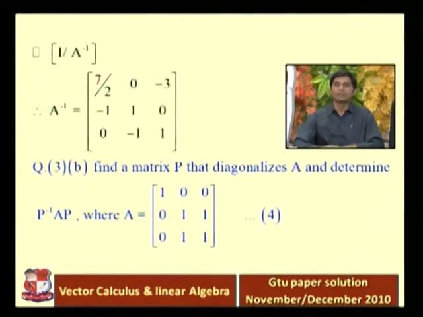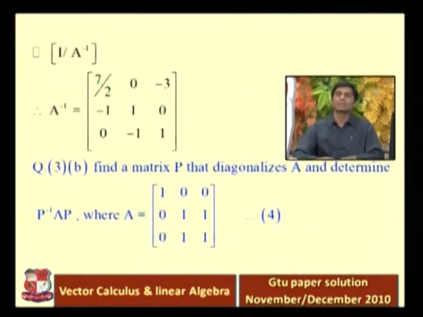But P inverse AP is exactly the diagonal matrix of the eigenvalues, in which the diagonal elements are exactly the eigenvalues and the other elements are 0.